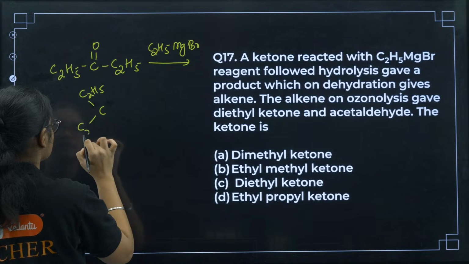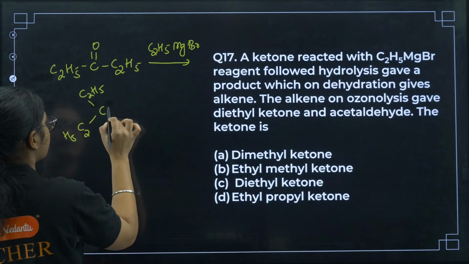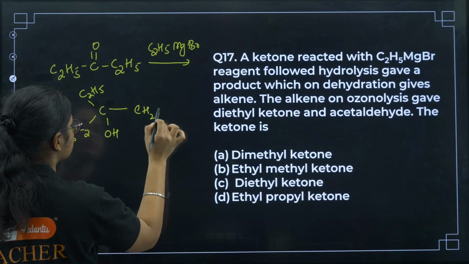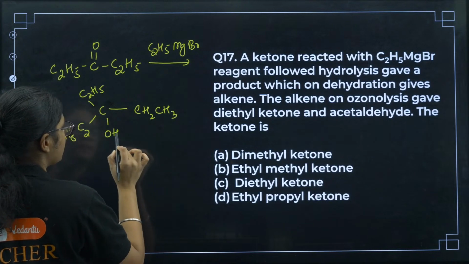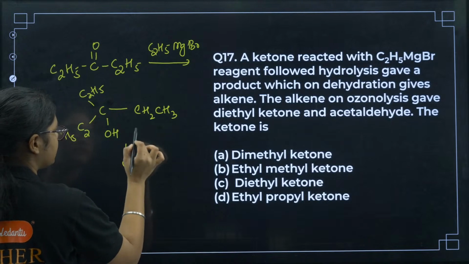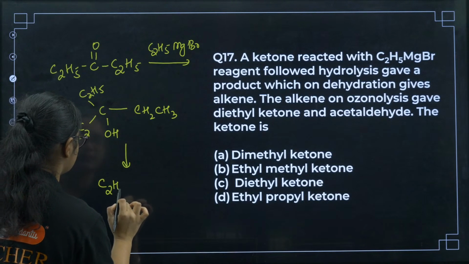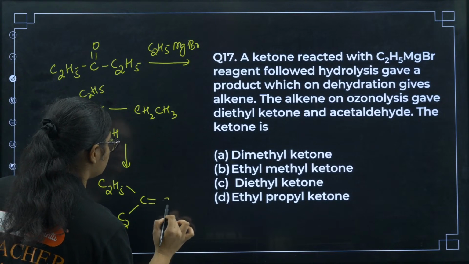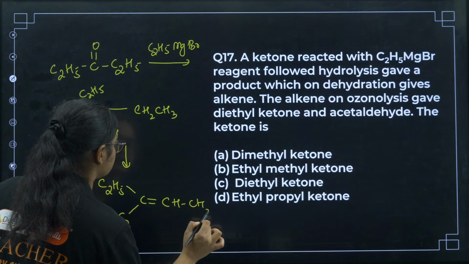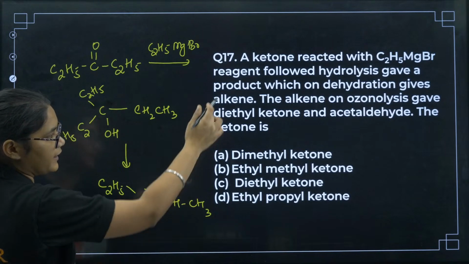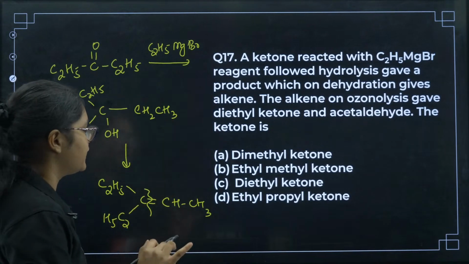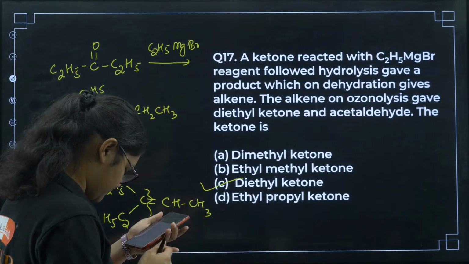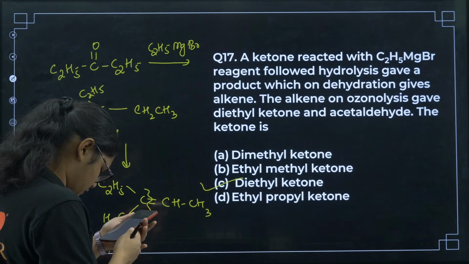C2H5, C2H5, then I have OH and CH2CH3. Then dehydration will take place. So I will get C2H5, C2H5, double bond CH, CH3. Now if I do ozonolysis, I'll get the required products. So the correct answer here will be diethyl ketone, option number C. Yes, C is the correct answer.